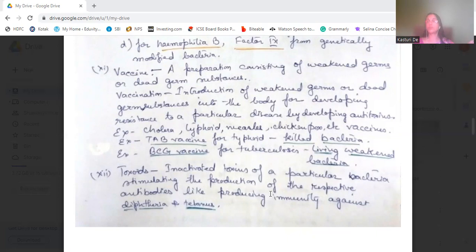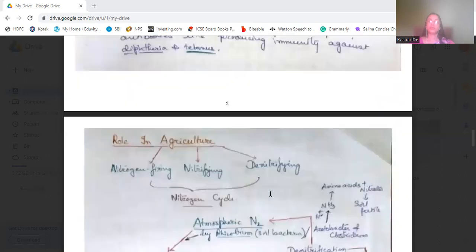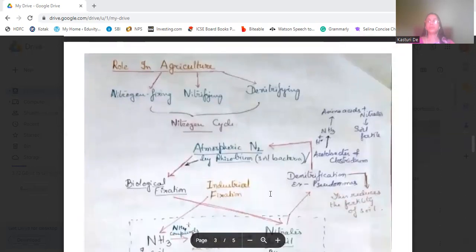For example, producing immunity against diphtheria and tetanus. Now, this is about the role in medicine.